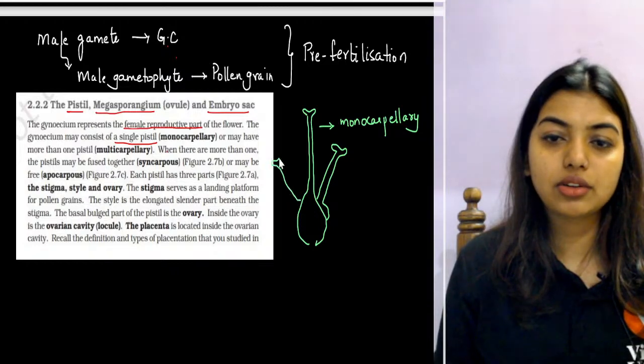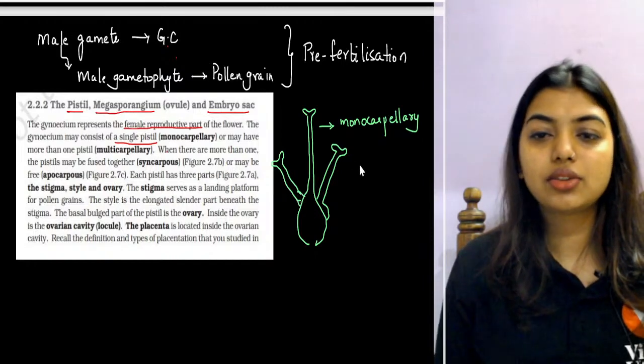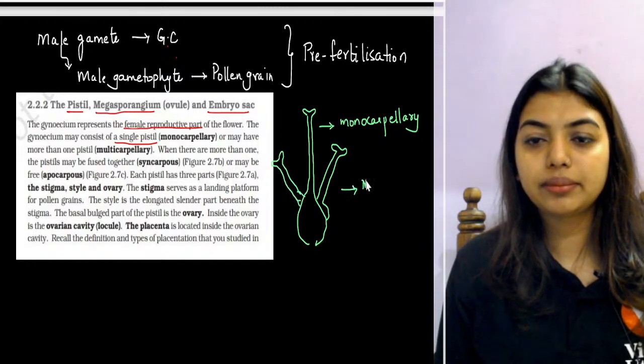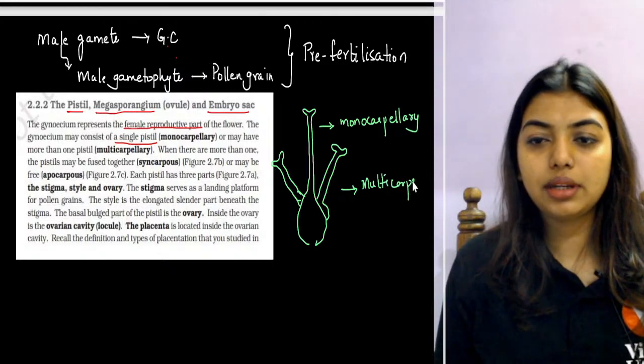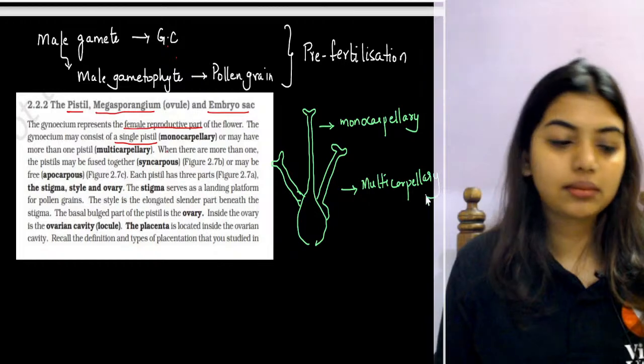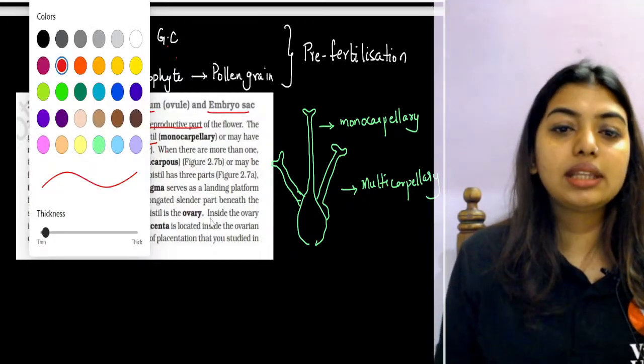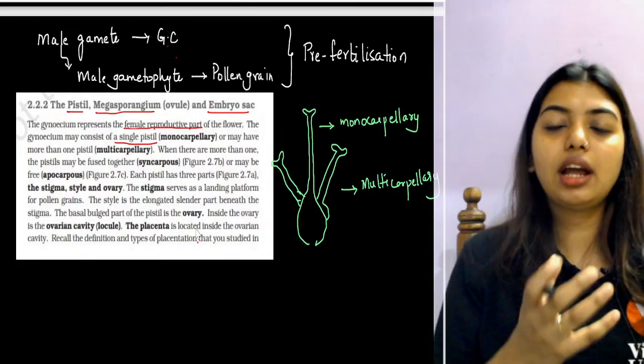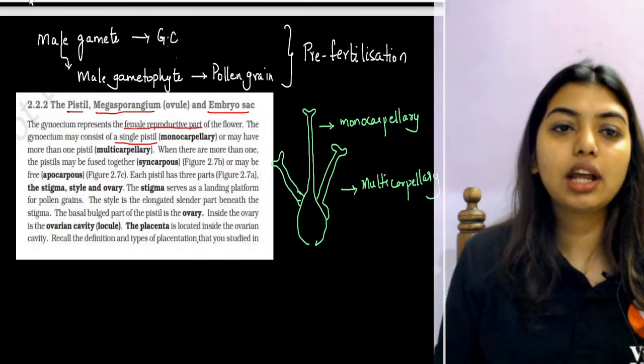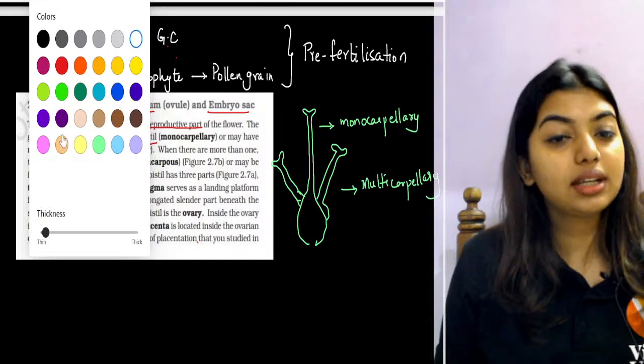So it can be multi, multicarpellary. Got it? Now this multicarpellary can be of two categories. The carpels can be fused or they can be free.